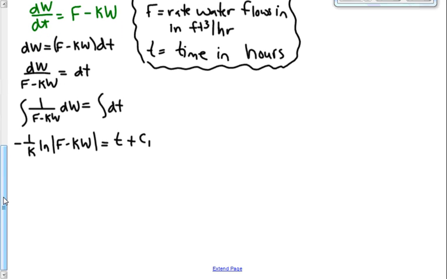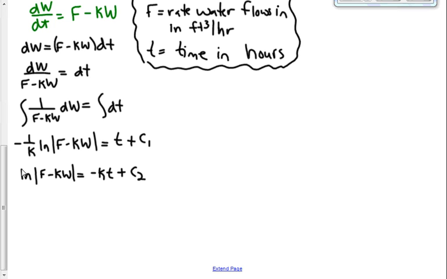So k is a constant. I'm going to multiply through by negative k, so I don't have that there anymore. That leaves me with natural log of F minus kW is equal to negative kt plus some other constant. That's c1 times negative k, but I don't care what c1 is. I only care ultimately about the final constant.